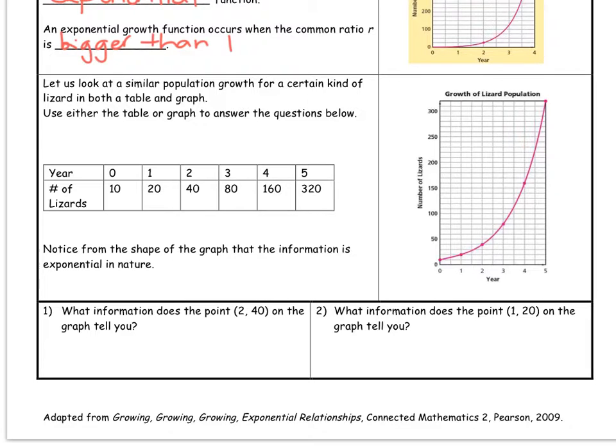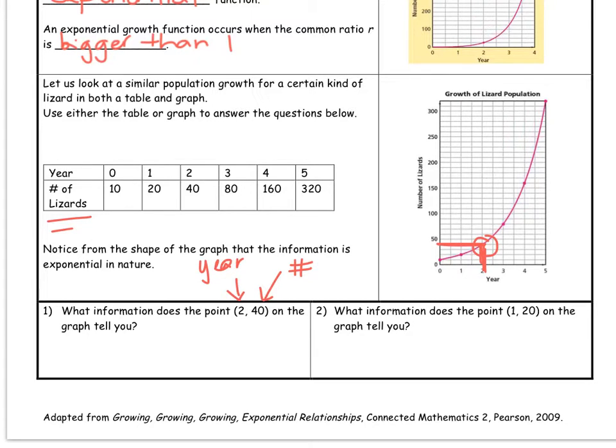So the first question, we want to look at the graph. What does the information from the point (2, 40) on the graph tell you? Well, if we look at the table, we know that the x value is measuring the year, and we know that the y value is measuring the number of lizards. So we're going to go over to the table and find the point (2, 40), which is right here.